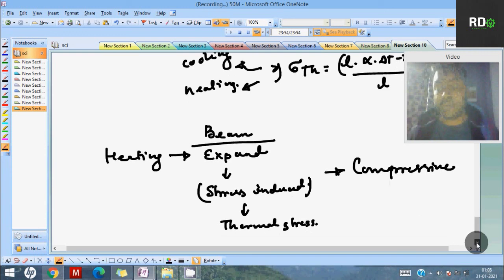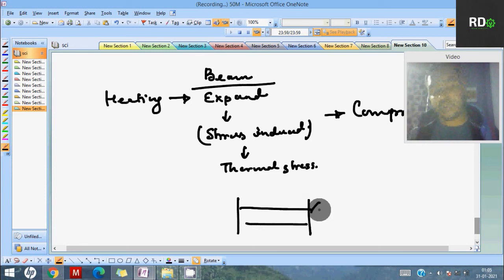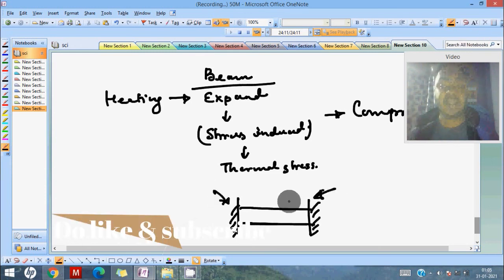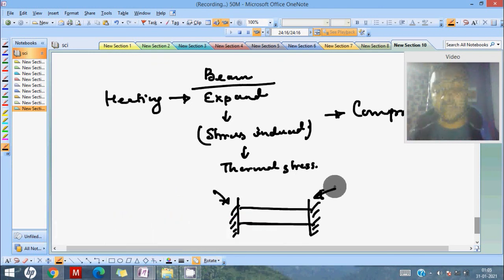Are you getting my point? Because you are trying to push the object in the fully restricted case. Do you remember? See, it is trying to increase, but you have fully restricted it. Since it is in fixed support, it cannot have the increase in length or the change in length. For that case, in the complete restriction, this stress, which is the thermal stress, will be compressive in nature.